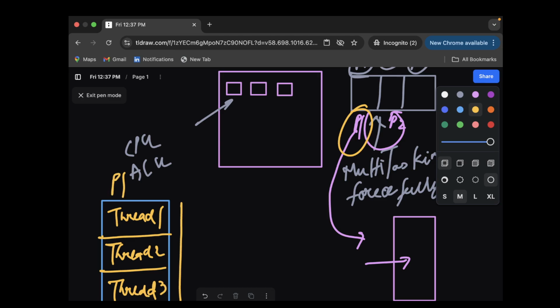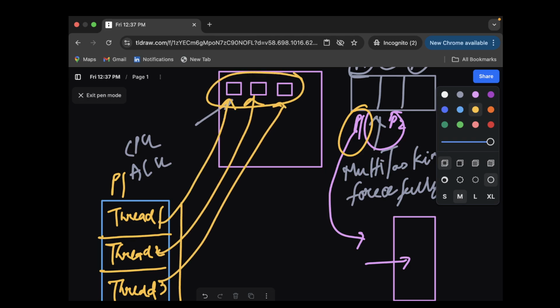Now instead of the one entire process coming and sitting here, we have the threads sit here: thread one, thread two, and thread three. Instead of waiting and then switching, it might so happen that the program is so short that the CPU ALU might consume it in one go.